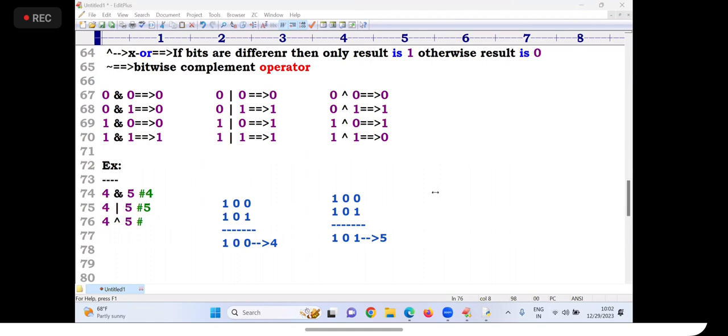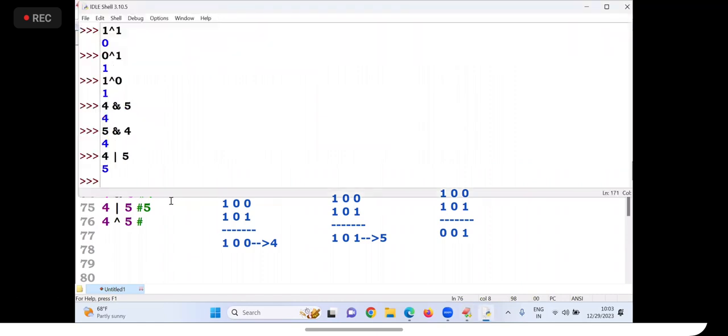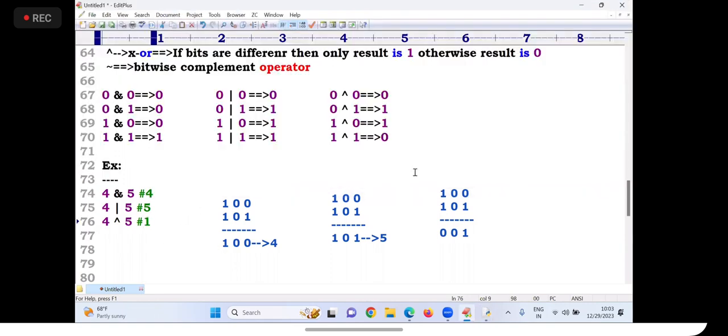Yes sir, see, 4 means 1 0 0 and 5 means 1 0 1. Apply the XOR symbol. 1 XOR 1: if both bits are the same then 0. 0 XOR 0 is 0. If both bits are different, 0 XOR 1 is 1. So the result is 001, that is 1.